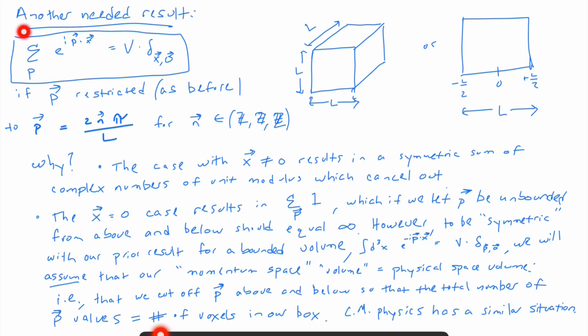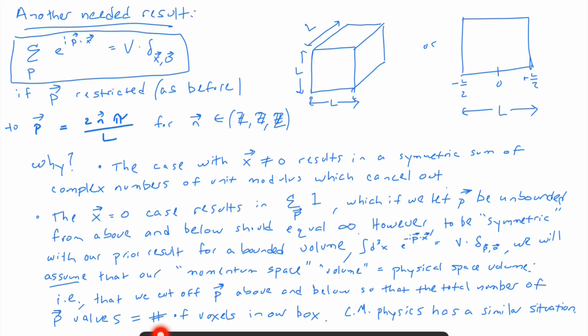Why? Well, let's look at this sum. If x is not equal to 0, then you're taking a sum of a bunch of exponential functions. I'm not going to get into all of it because I don't want to detangle too much over here. But once you take the sum of a bunch of exponential functions with these p restrictions, and p could be negative or positive, these integral restrictions over the experimental box, all of those oscillations will perfectly balance out.